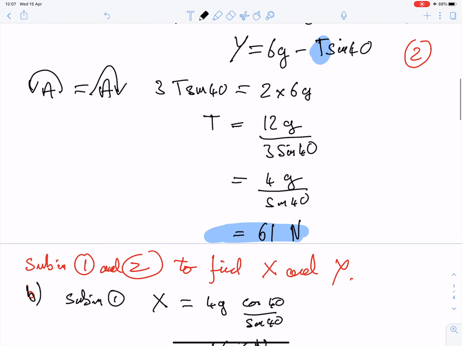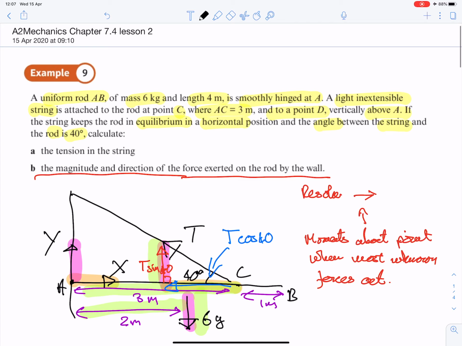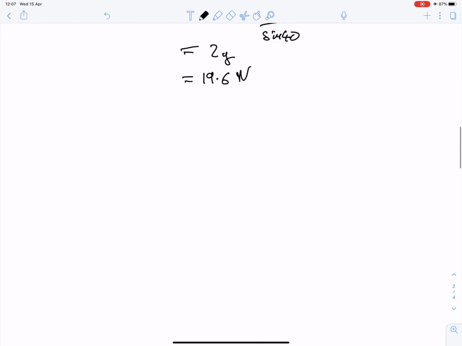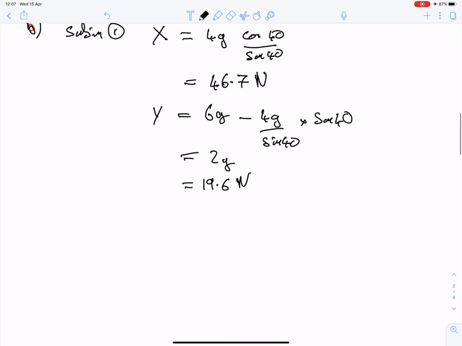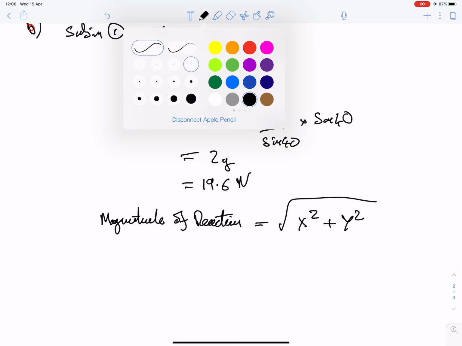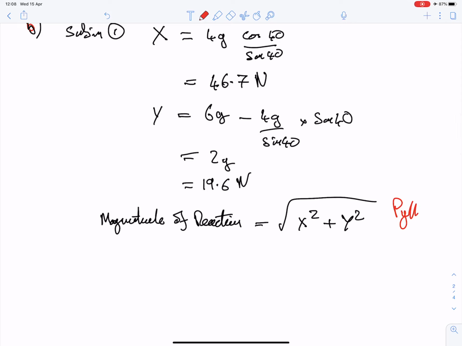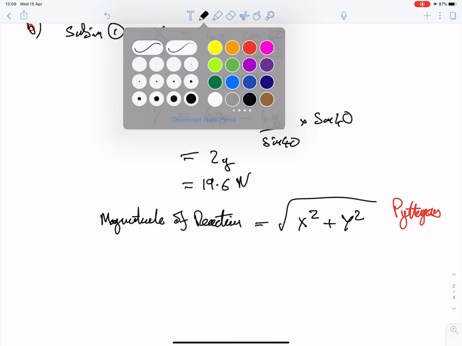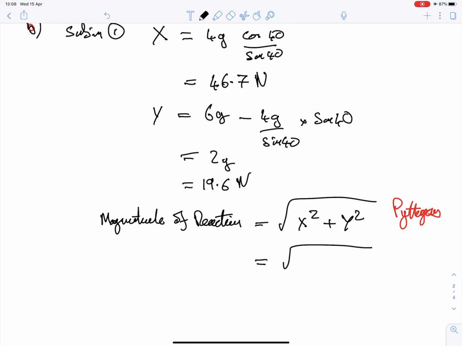So 4G cos 40 over sine of 40. Well, if it was 45, cos 45 over sine 45, that would be 1. So cos 40 is slightly bigger than sine 40, so a bit more than 40. Tap it in the calculator, comes out to be 46.7 newtons.